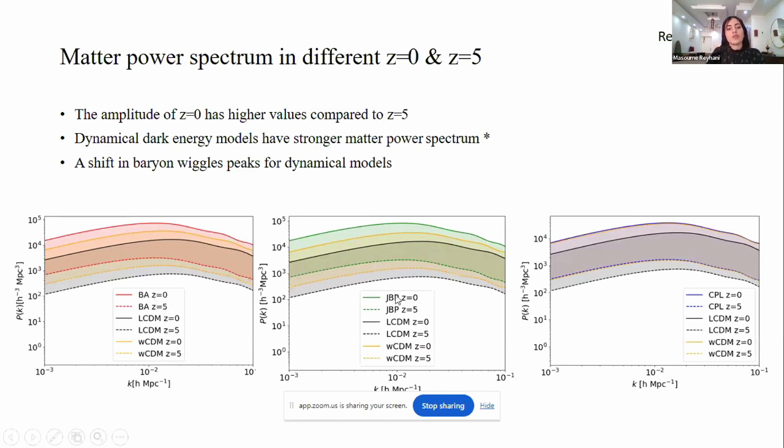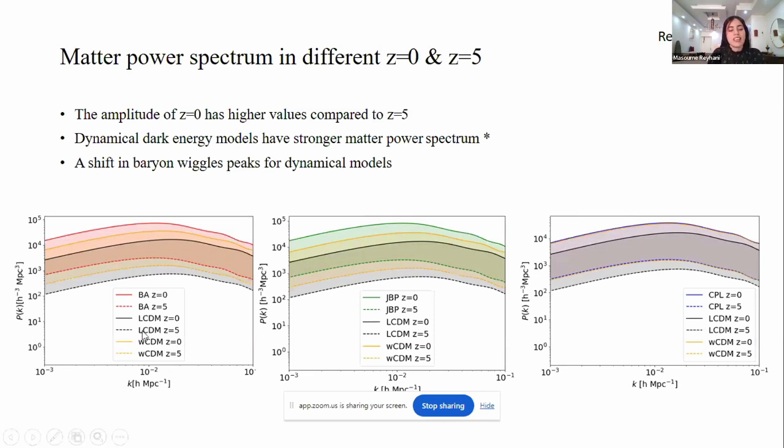And as can be observed, regardless of the chosen redshift, in these three panels we can see that the dynamical dark energy models BA, JBP, and CPL have a higher amplitude compared to the constant models, wCDM and Lambda CDM. It can be a footprint of dark energy on the matter power spectrum.